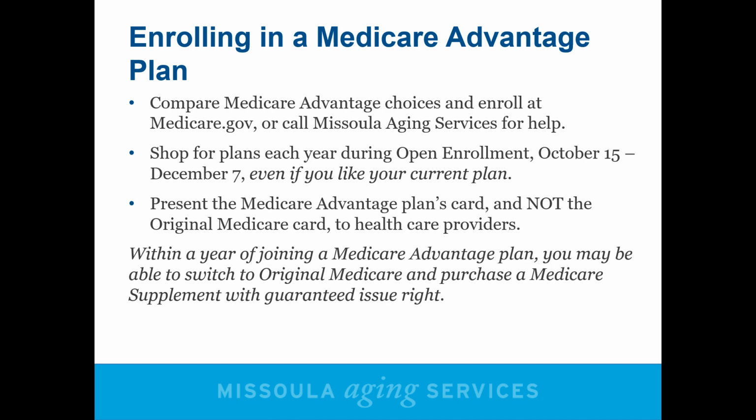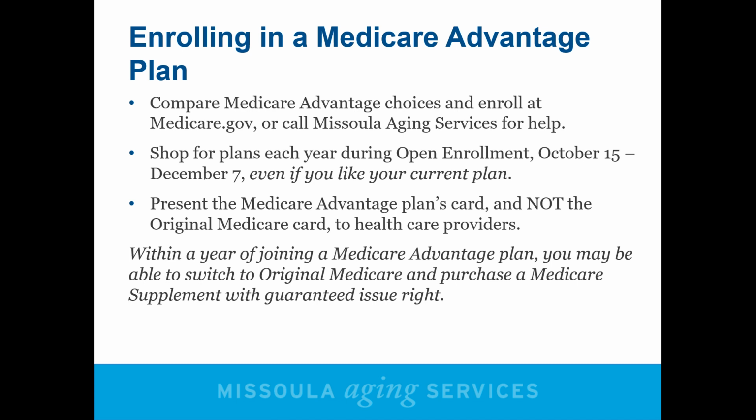Alright, so enrolling in one of these. The best way to do this is to compare your Medicare Advantage choices at Medicare.gov, or you can call Missoula Aging Services for help. It's very important that you shop each year during open enrollment, October 15th to December 7th, even if you like your plan. Because these are not like those Medigap plans where you set it and forget it.